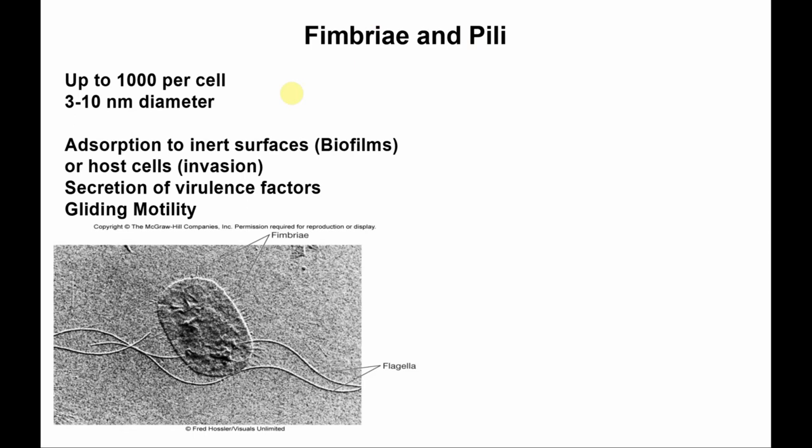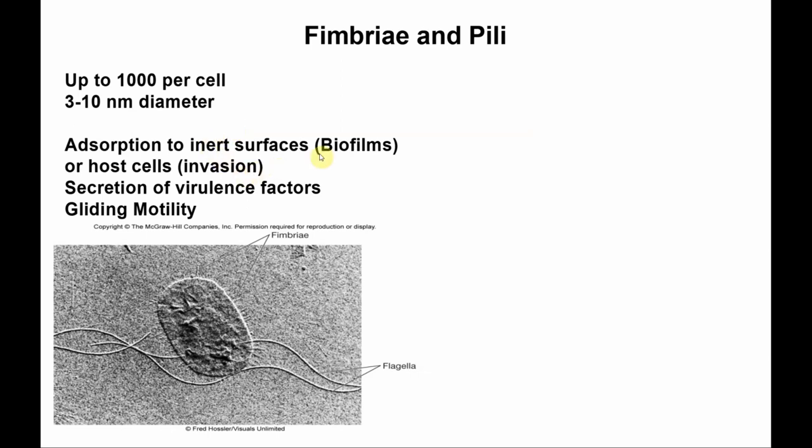Now, fimbriae is a bit difficult to pronounce, so now I'm going to just talk about pili, okay? But it's exactly the same. So you can have up to 1,000 of them per bacterial cell, and you can have several different types present on the same cell. They are very narrow, 3 to 10 nanometers in diameter, and they have different functions.